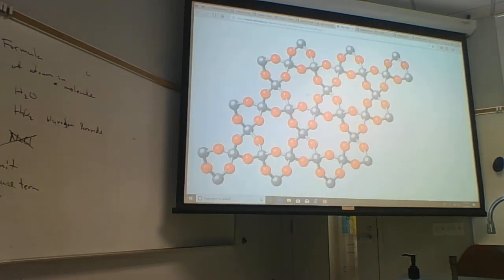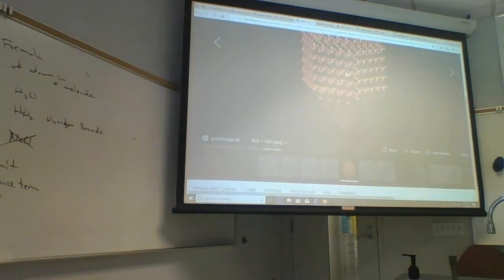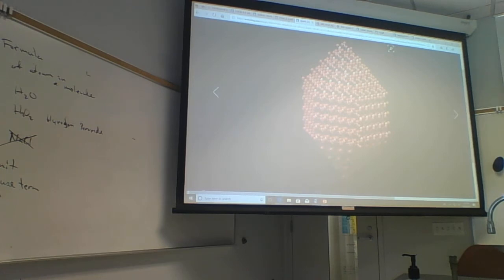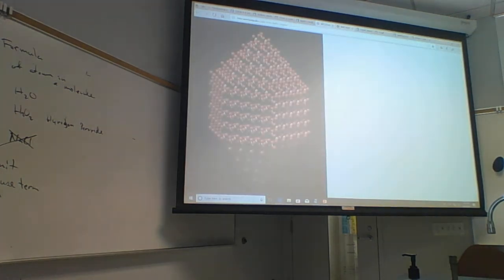This is a quartz lattice, beta quartz, and this just keeps going. You know, in 3 dimensions, there's no real beginning, no real end. It doesn't form discrete molecules here. Quartz crystal: here you can see a much bigger portion of that just extending out. So these are the lattice structures here.